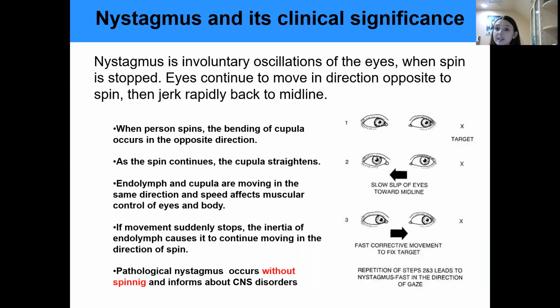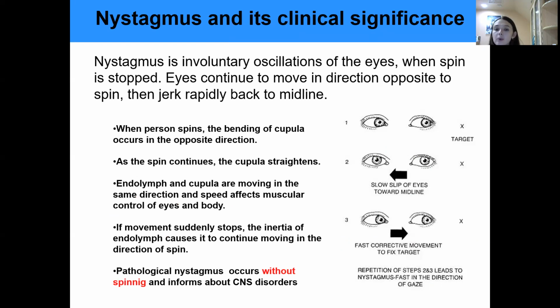What is nystagmus? Nystagmus and its clinical significance. Nystagmus is involuntary oscillation of the eyes when spin is stopped. The eye continues to move in the direction opposite to the spin, then jerks rapidly back to the midline. When a person spins, the bending of the cupula occurs in the opposite direction. As the spin continues, the cupula straightens.